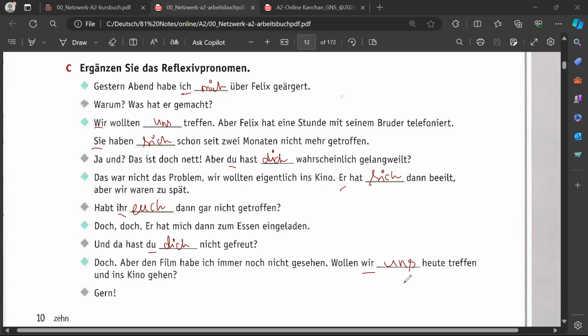Das war nicht das Problem. Wir wollten eigentlich ins Kino. Wir haben uns dann beeilt, aber wir waren zu spät. That wasn't the problem. We actually wanted to go to the cinema. We then hurried, but we were too late.